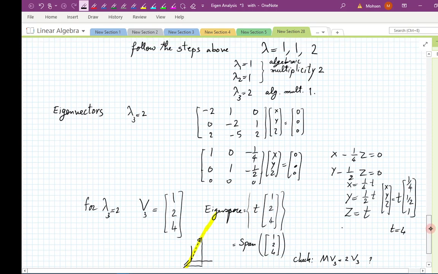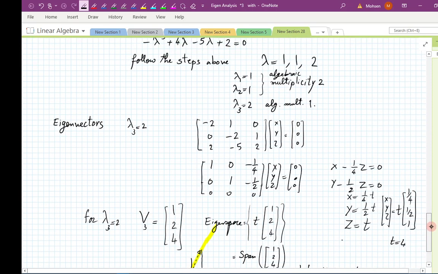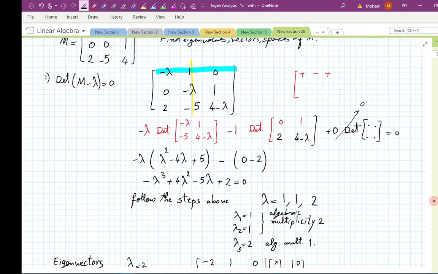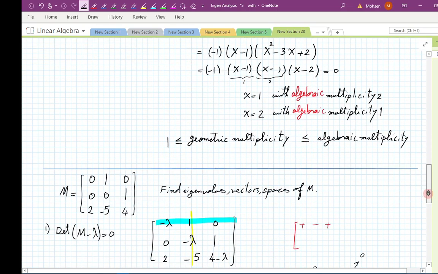Well, what about it? What about it is that when we put it in this matrix, I have the matrix over there, minus lambda 1, 0, 0, minus lambda 1, 2, minus 4, 5, 4 minus lambda. So let me rewrite it down here for you.